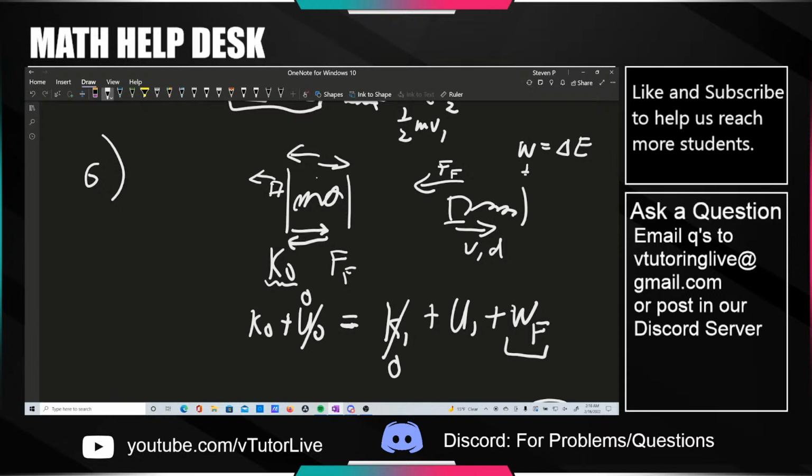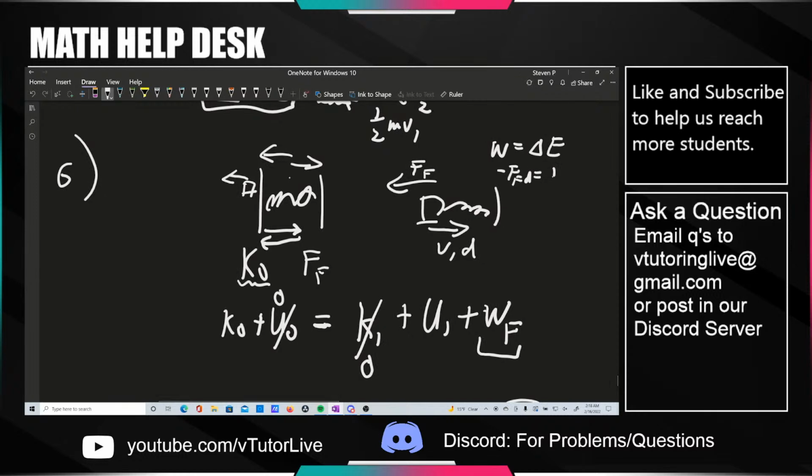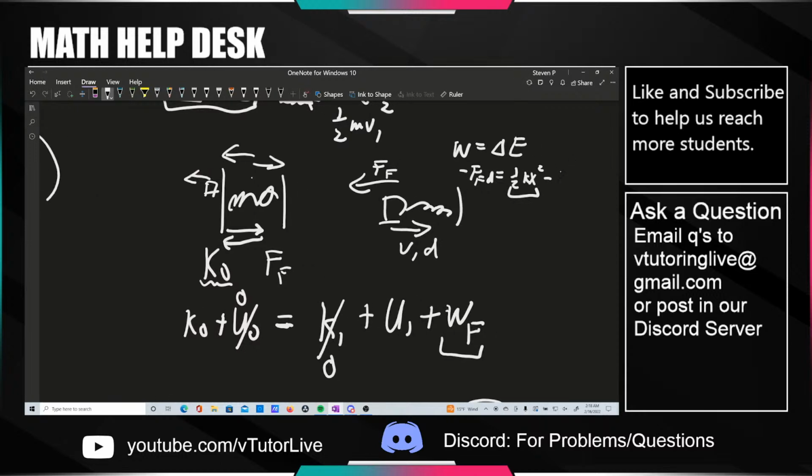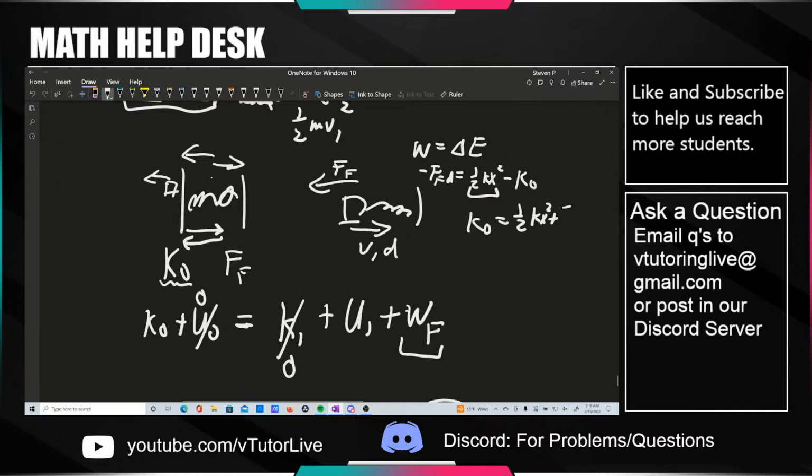Right, so then minus FD is equal to 1/2 kx squared minus, so this is the final energy, and the initial energy is just k naught, right? Okay, so this does make sense. I guess I just had my reasoning kind of reversed. Like I had it right, force friction D.